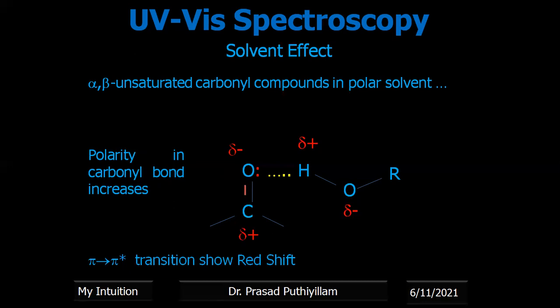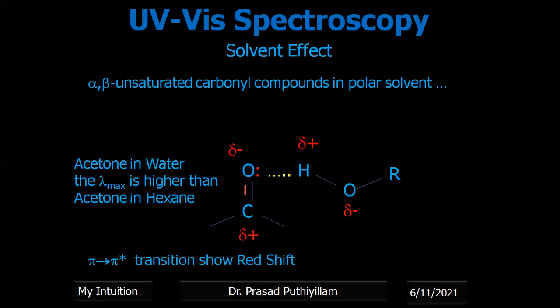So the pi to pi star transition shows a red shift, whereas the n to pi star transition shows a blue shift. Therefore, acetone in water has a higher lambda max than acetone in hexane in the case of the pi to pi star transition. Therefore, alpha beta carbonyl compounds show two peaks, one corresponding to the pi to pi star transition and another corresponding to the n to pi star transition.